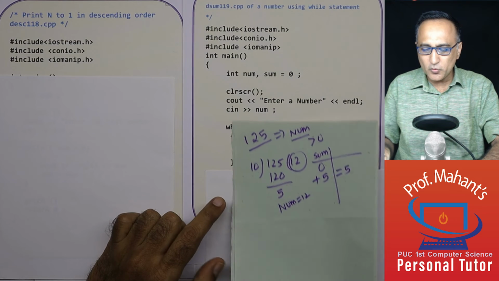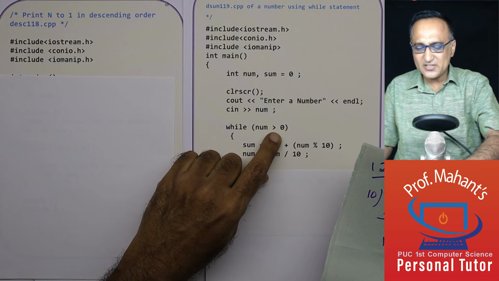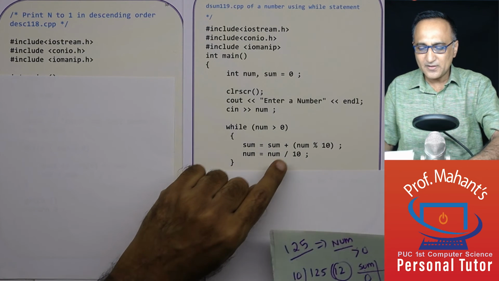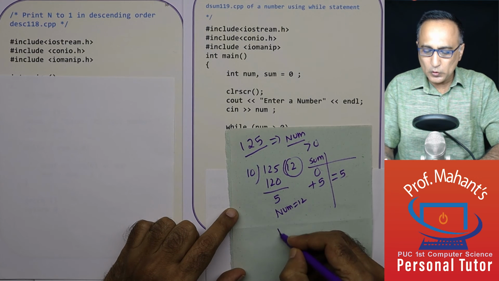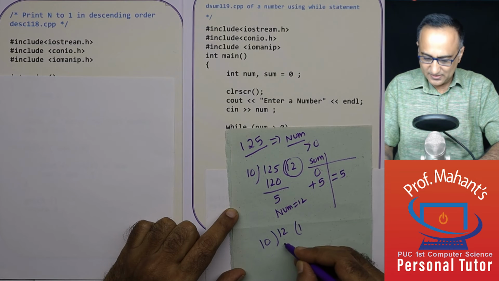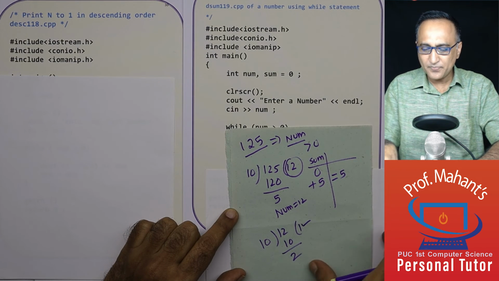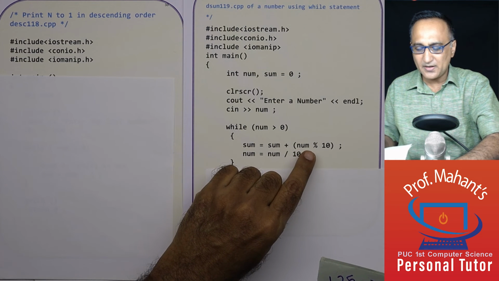Now what I am going to do with this 12 is I am again going to come here. 12 greater than 0 is true. Sum is sum, which is 5, plus number mod 10. 12 divided by 10, the remainder is 2, quotient is 1. So the mod operator gives me the remainder.